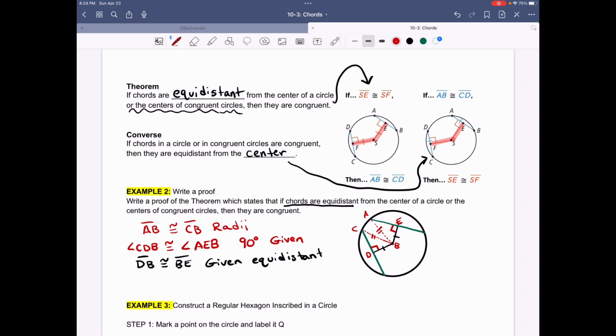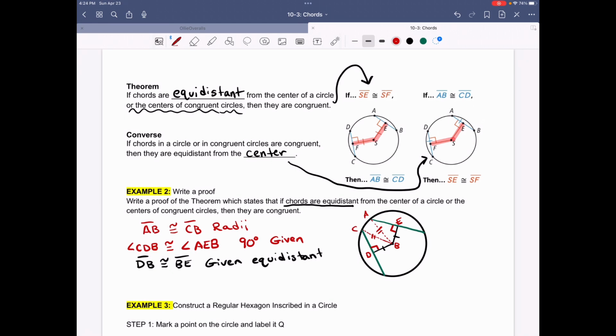So instead of saying angle side side, which we can't, right, because there's no such thing in geometry, we can use hypotenuse leg. So we were given a hypotenuse of a right triangle, and we found a leg.